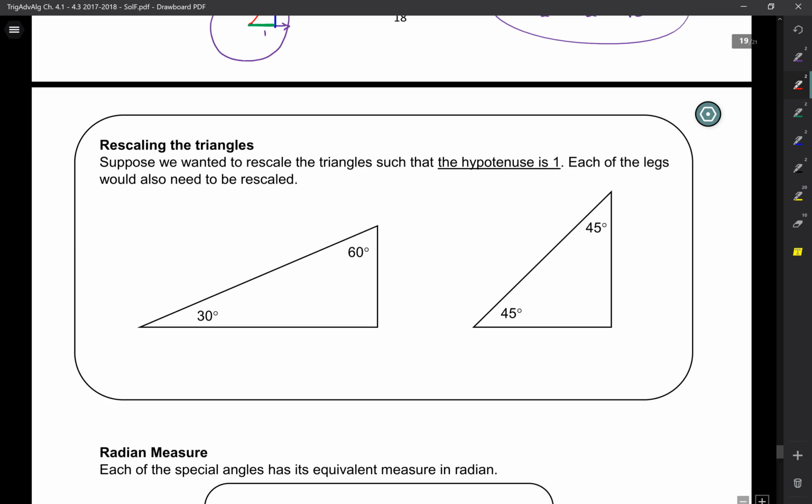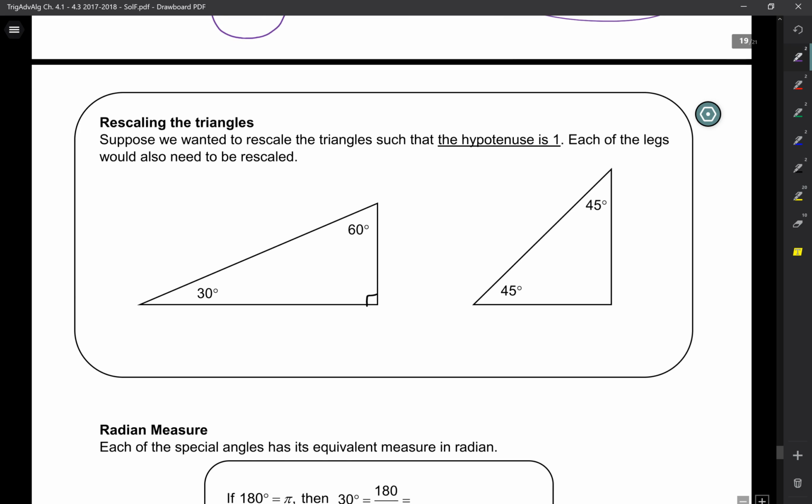So let's take a look at the 30, 60, 90 here. Okay. Look at the vertical leg. How big would the vertical leg be? 1, root 3, or 2? 1. And this is a root 3. And that's a 2.